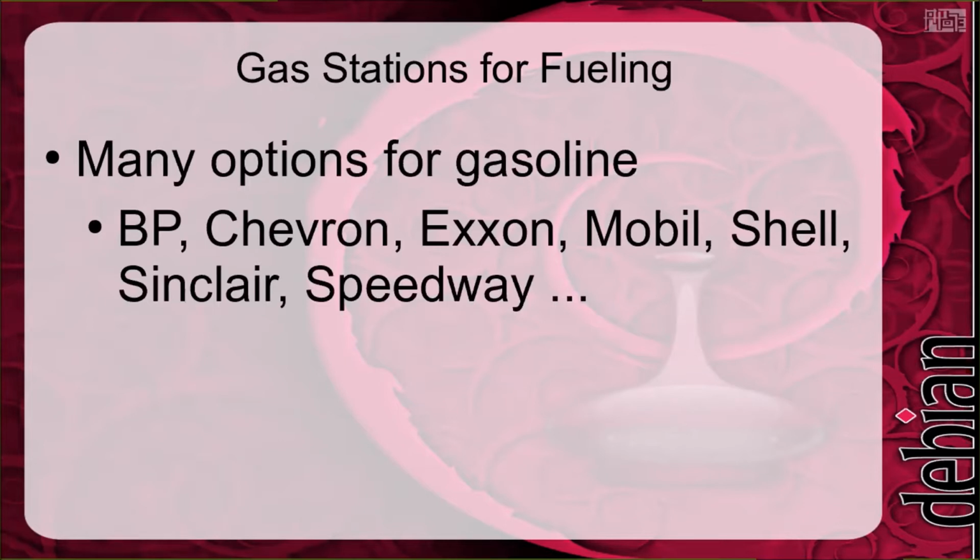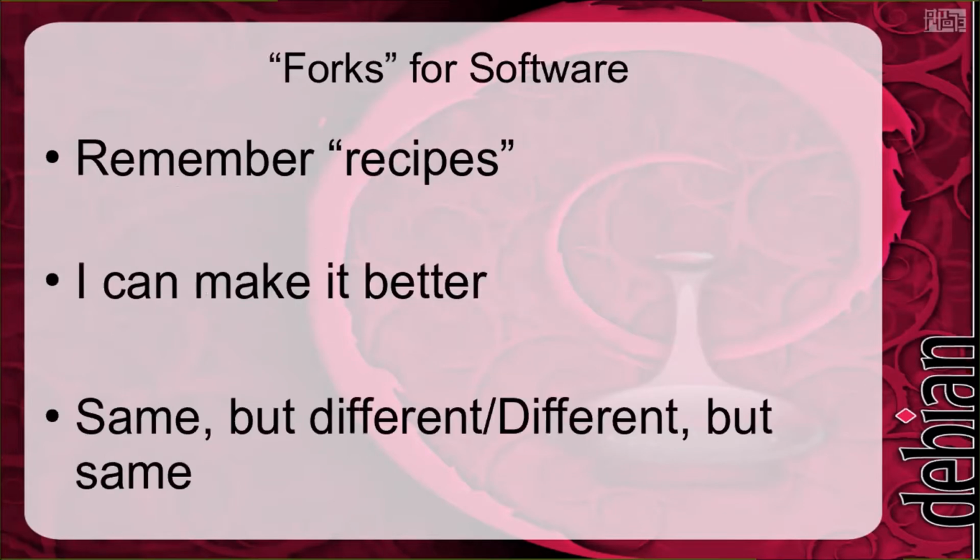But if I'm on a different desktop and I like that program better, as long as it is the right kind of package, I can use it on my computer. And so a lot of times you can have what we call a pure desktop and distro, where you only use the software that comes directly from them, or you have a computer that you've modified by saying, I'm going to take the best software that I like.